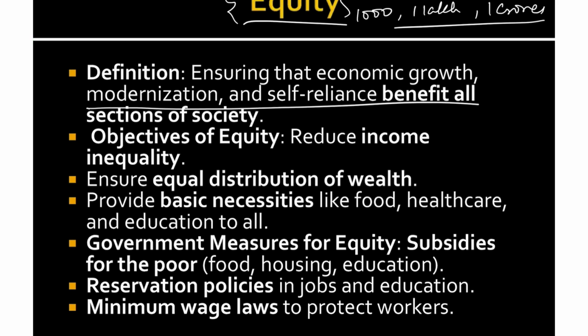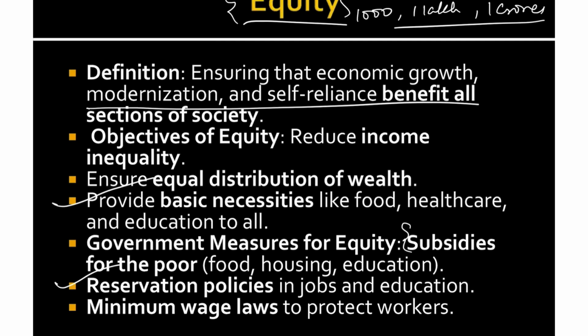Its objective was to reduce income inequality, ensure equal distribution of wealth, and provide basic necessities like food, healthcare and education to all. There are various measures taken by the government to achieve equity. For example, subsidies were given to the poor in terms of food, housing and education.